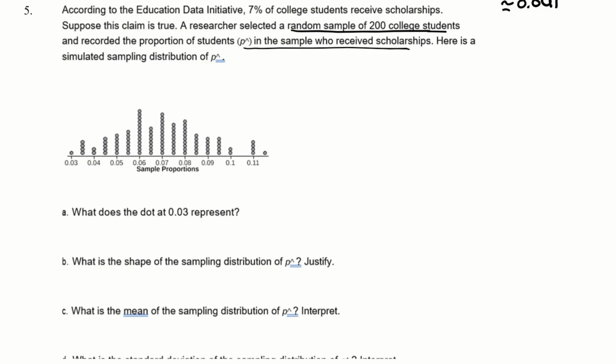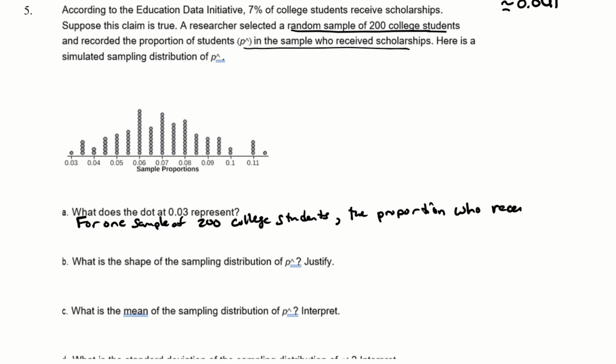It represents, for one sample of 200 college students, the proportion who received scholarships is 0.03 or 3%.